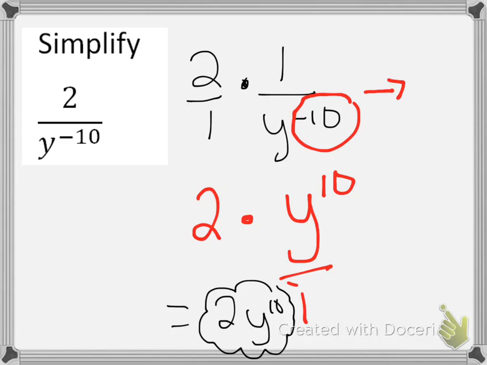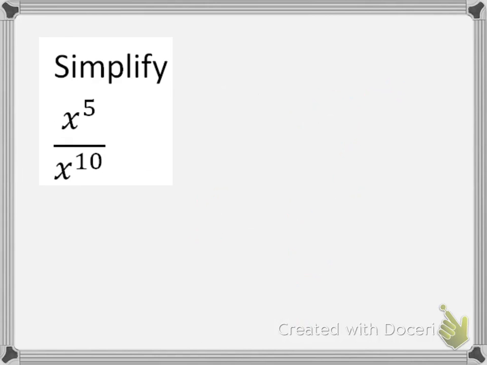Take a look at example number 3. X to the 5th power divided by x to the 10th power. So we have actually a double rule here. We have the quotient power rule, and it tells us to do what? Subtract the exponents. Again, x to the 5th minus 10.